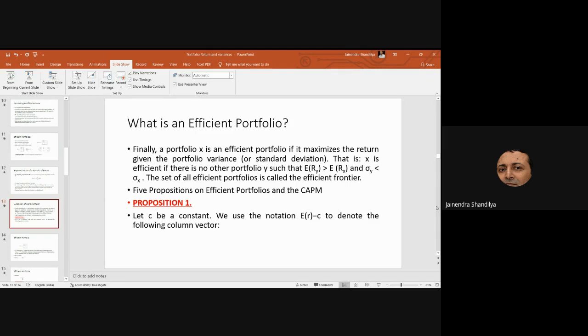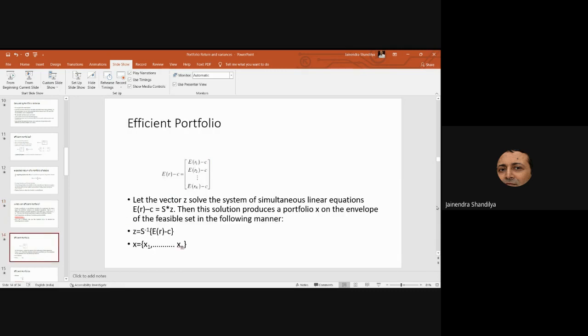So proposition 1 says, let C be a constant, and we use the notation ER minus C to denote a column vector. Now ER minus C is nothing but the expected return of your portfolio minus a constant. As I will show you, this C is nothing but the risk-free rate. It's 100% risk-free rate, but there are situations, and there was a gentleman named Fischer Black who did his model called the Black model.